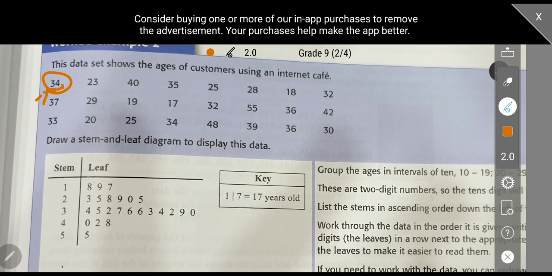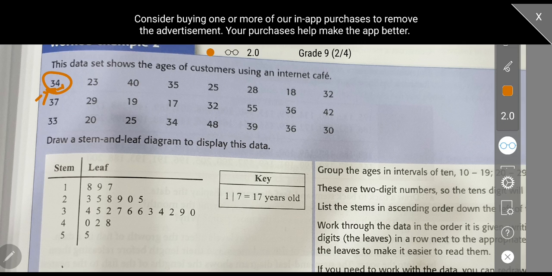Before we start organizing this, the question is: draw a stem and leaf diagram to display this data. Before doing this, we should think about how we could make groups of this data. As you can see, this data is in tens. We can make groups of tens.